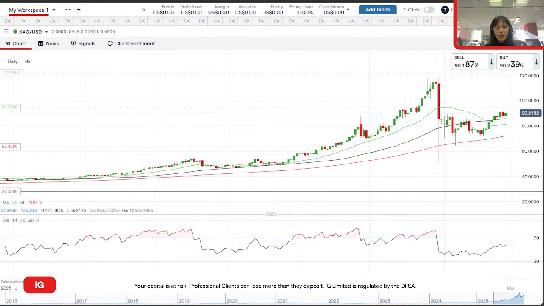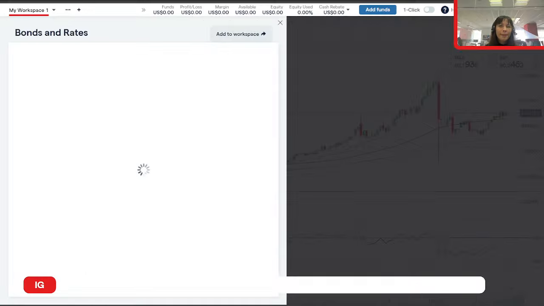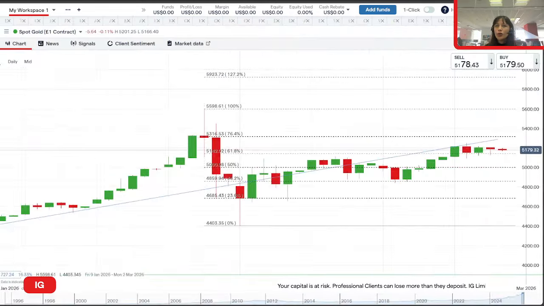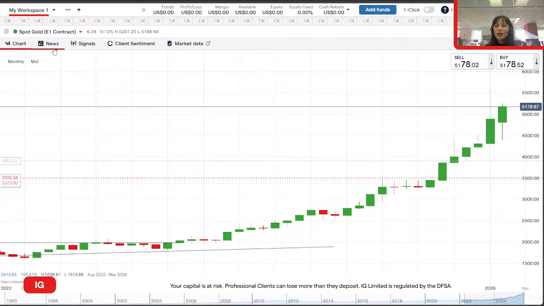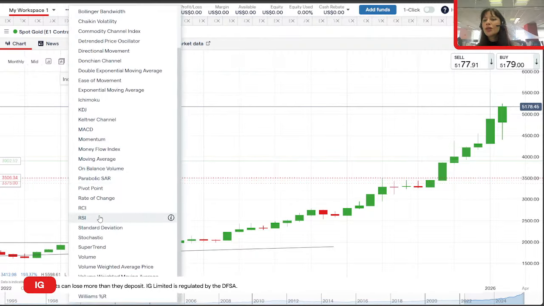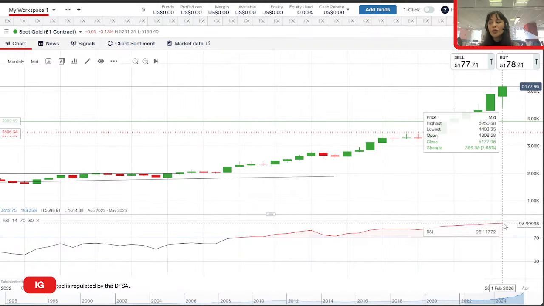but we need to know the fundamentals behind this move. What's worrying us about gold is that it's the most crowded trade. And what do we mean by that? If we look at gold again on the monthly chart, we add RSI, which shows us how much of the market participants have already bought or sold.